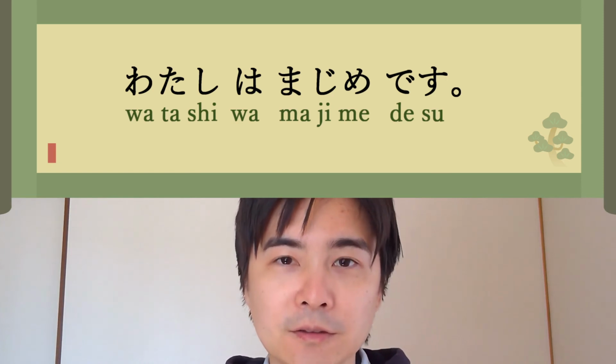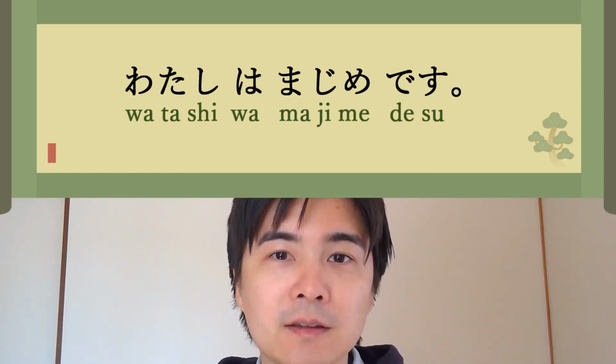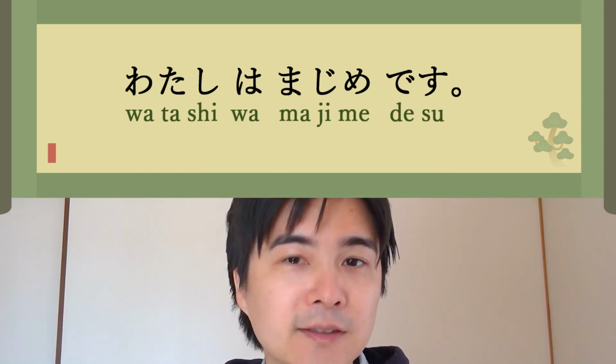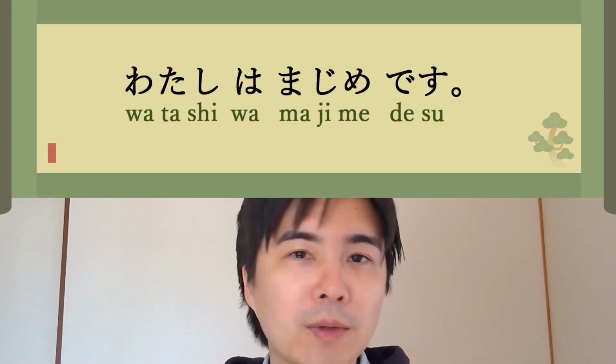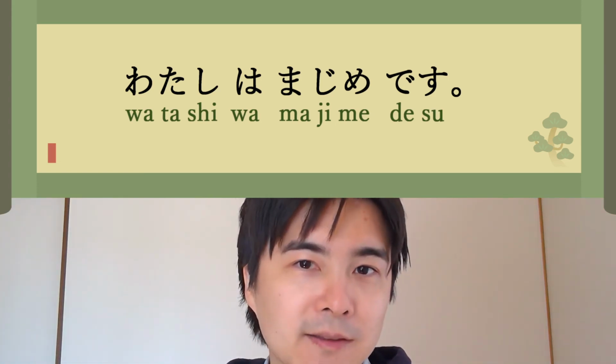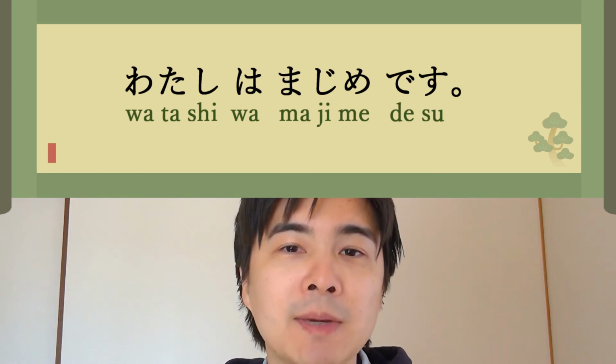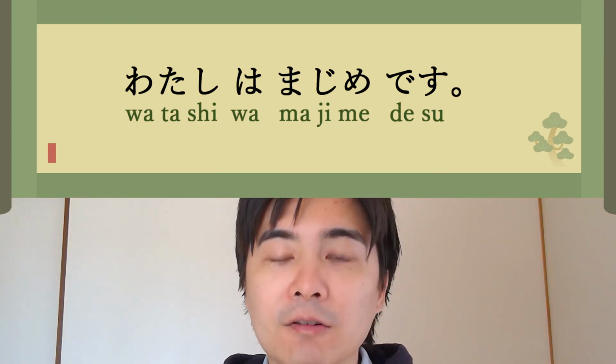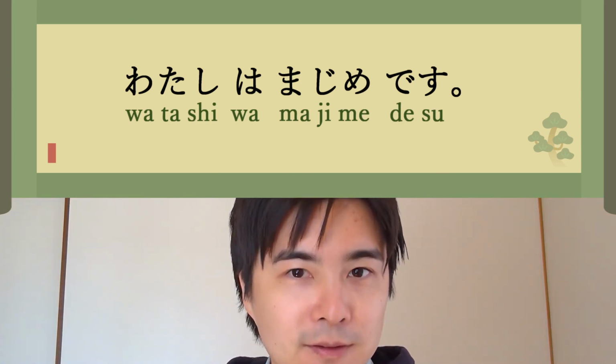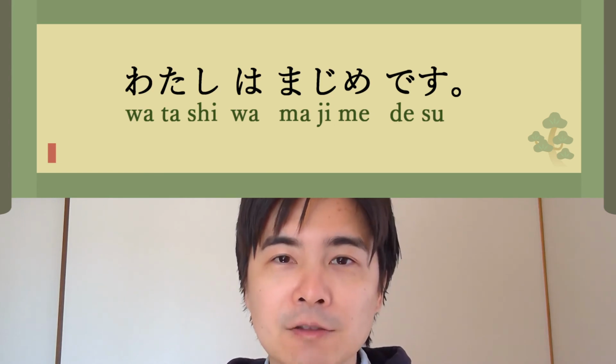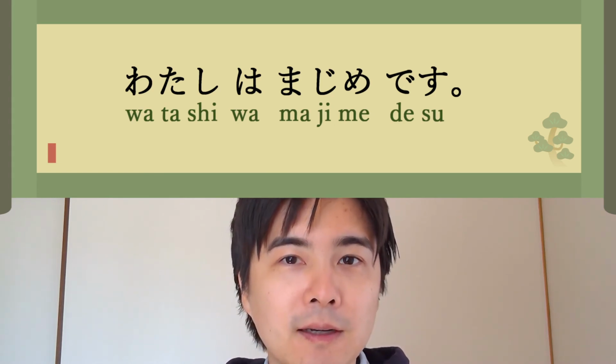However, when です follows a Na-adjective, the last character na is removed. So we cannot say 真面目なです。We need to say 真面目です。私は真面目です。Question 8.